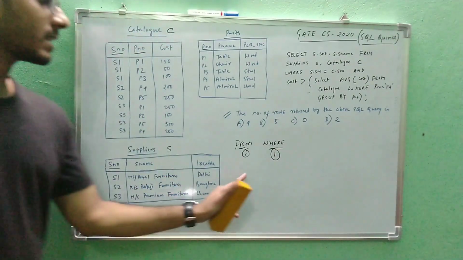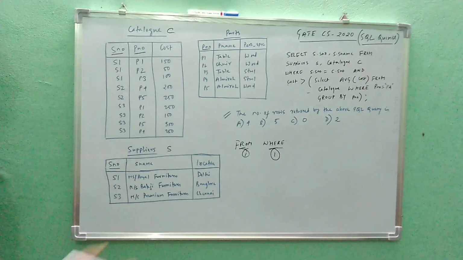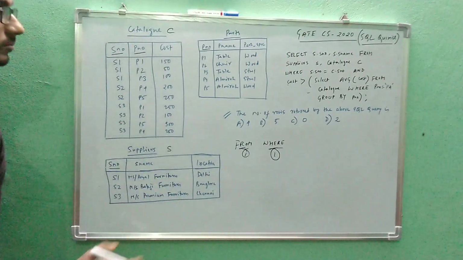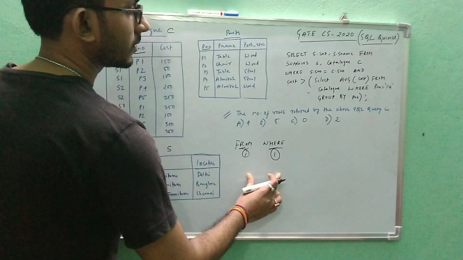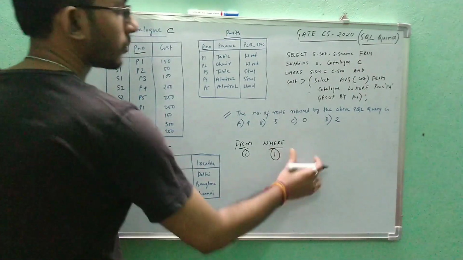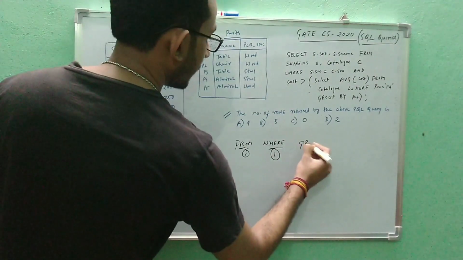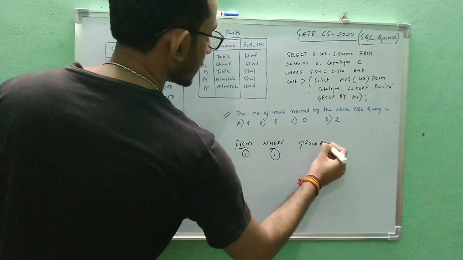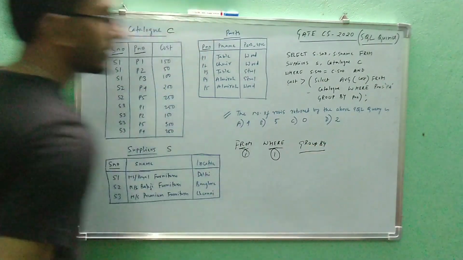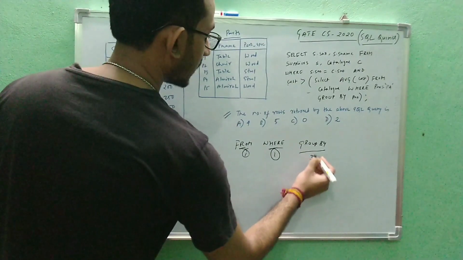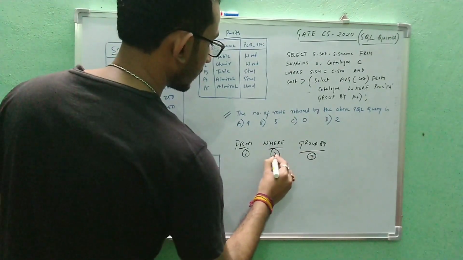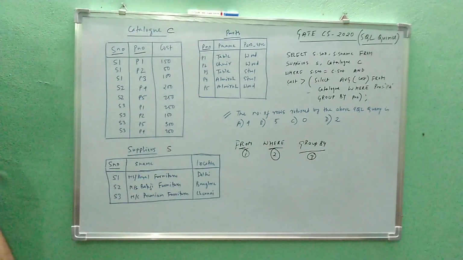Once that condition is applied, we go on to group by. If you have group by in your query, it comes after where. Sorry, the where will be 2.